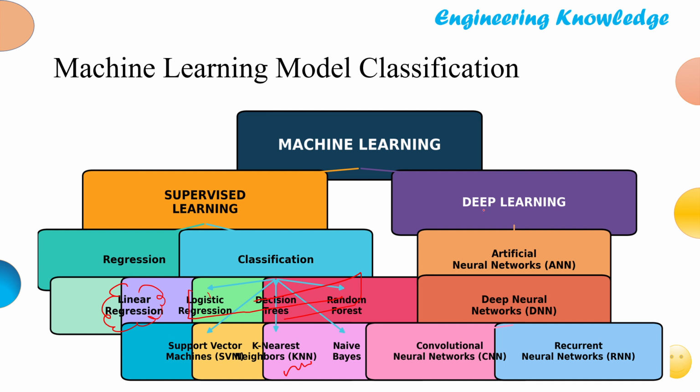Machine learning also has a different branch, and that is most important to us, and that is deep learning, which is based on artificial neural networks, and then we make a more complex architecture to get a deep neural network, which can again, for other purposes, be converted into convolutional neural networks and recurrent neural networks.